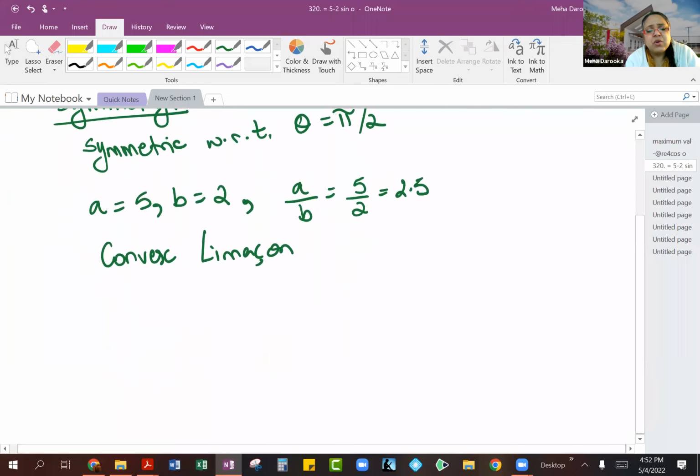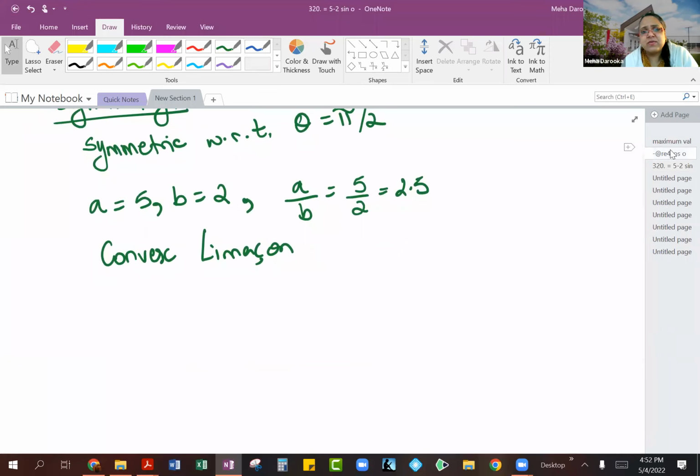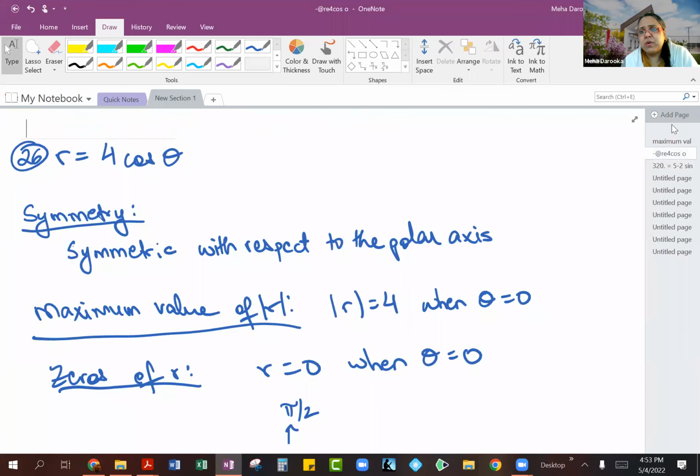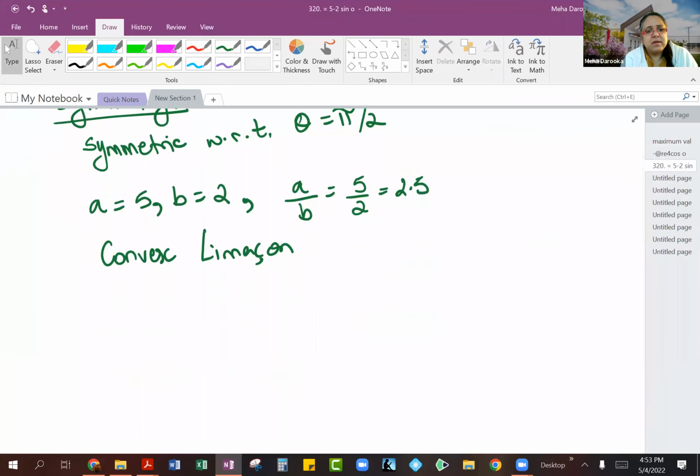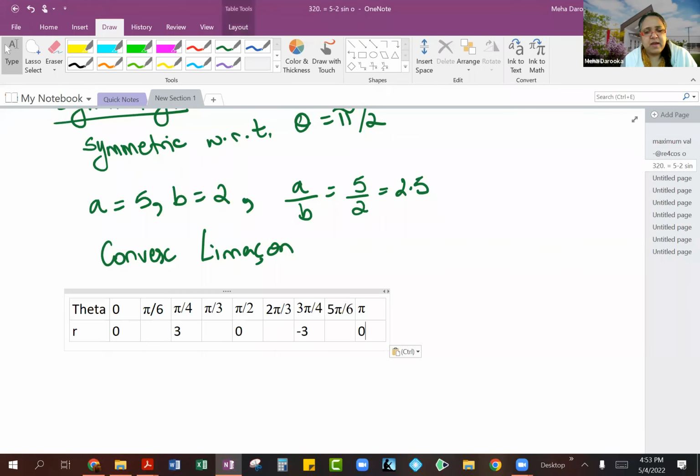Okay. So again, for us to find the maximum values and the zeros, we will need to go back and work on this table over here.